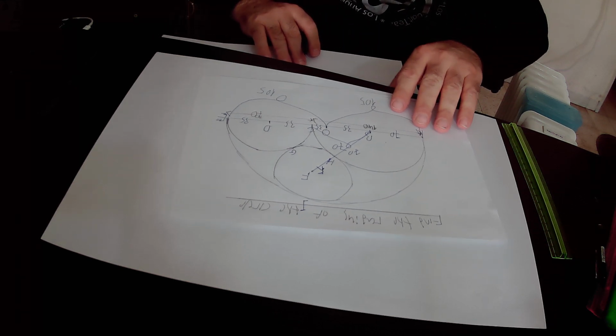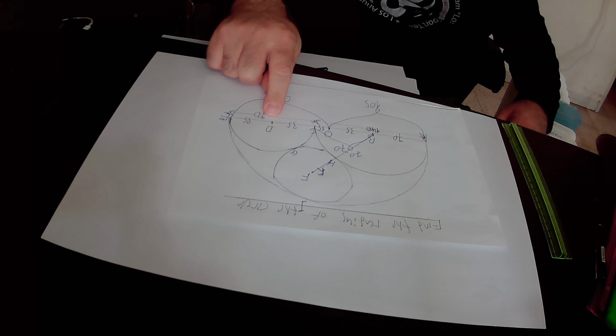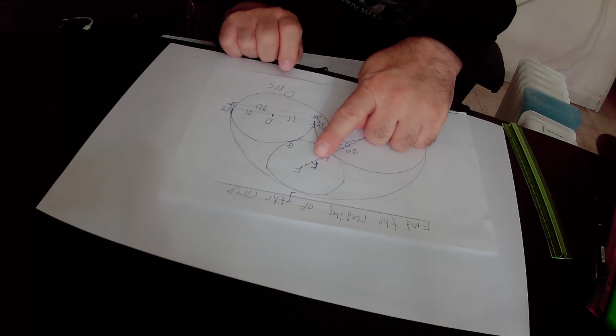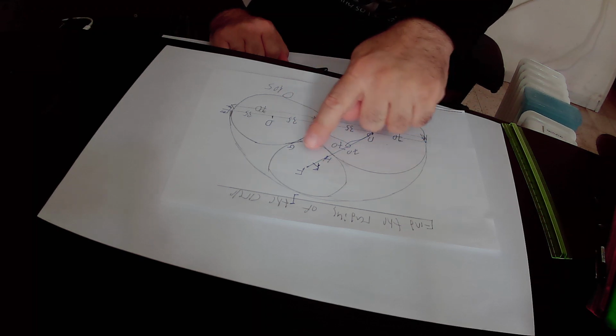Likewise, we will connect the center of the smallest semicircle, that is to say point D, with the center of this circle, that is point F. So we will connect points F and D together by a straight line.